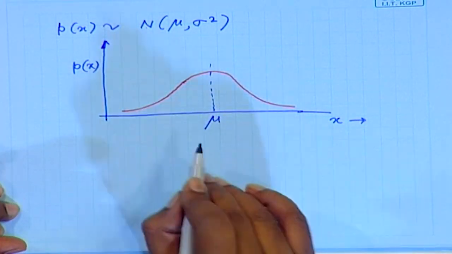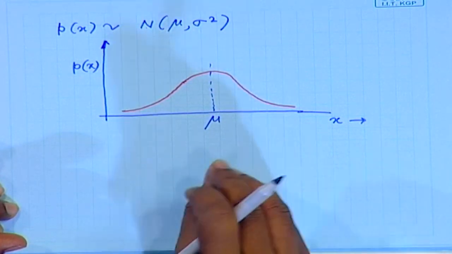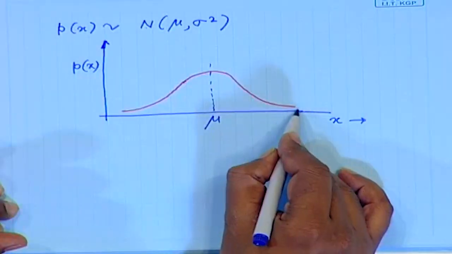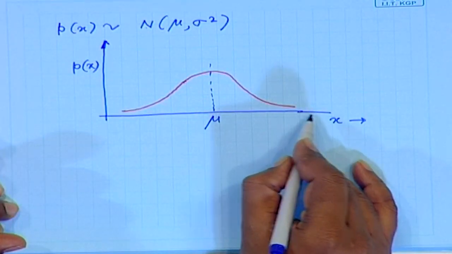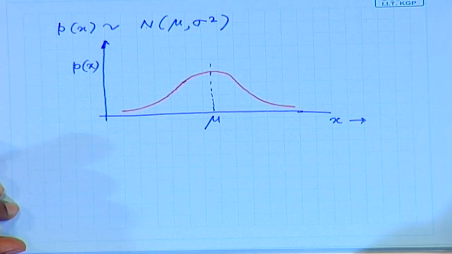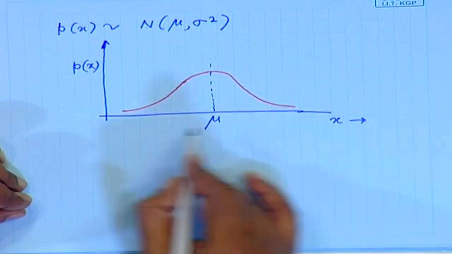As you go away from the mean value, the population density goes on decreasing, and beyond a certain limit, which is say plus minus 2 sigma, twice the standard deviation on this side as well as on this side, I can actually neglect the population density.